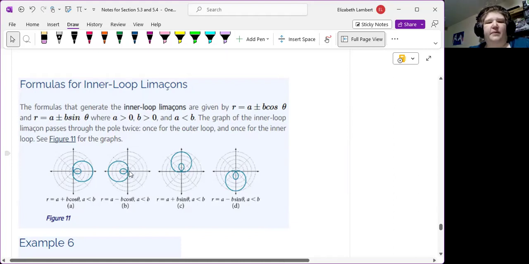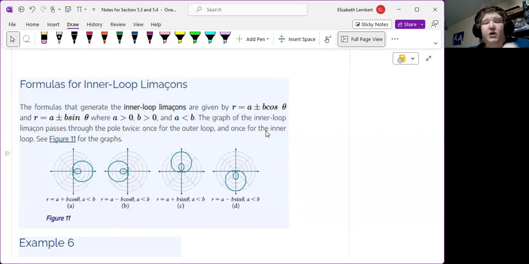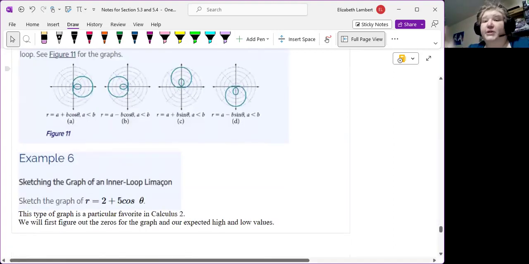And this odd duality is why this is a favorite for Cal 2. If they ask you what area this graph covers, you have to know how to set your bounds and how it sweeps out. So it's not just as simple as, oh, let's just do 0 to 2 pi and see what we get. You actually have to solve and figure out these zeros, and that is algebra and trig knowledge.